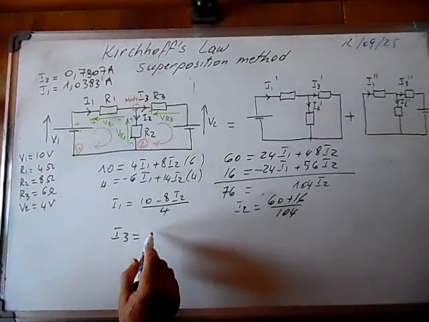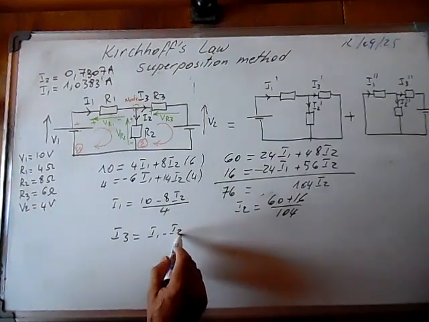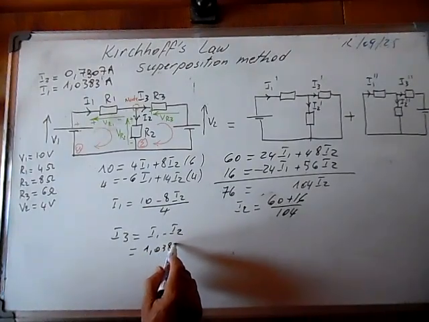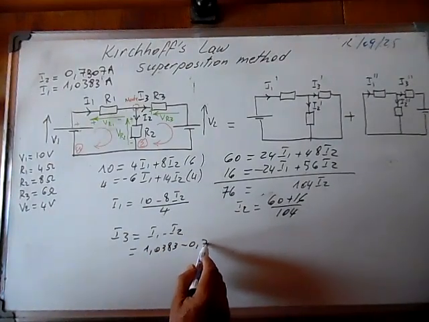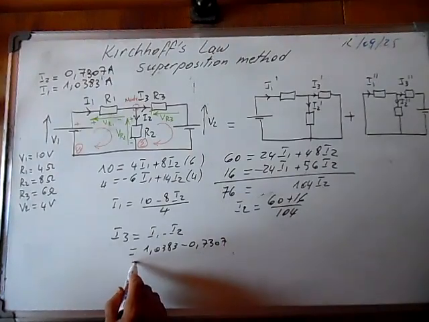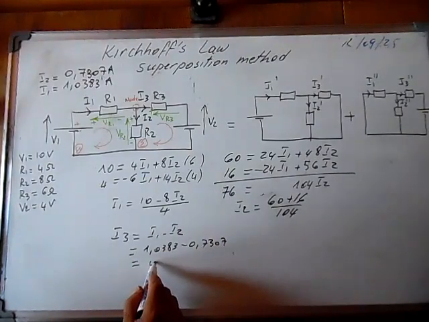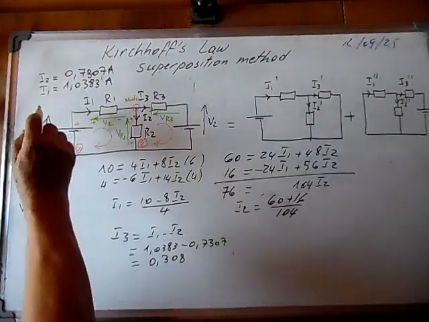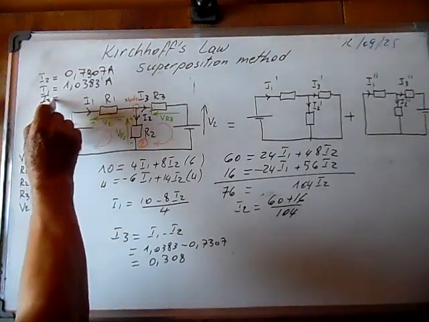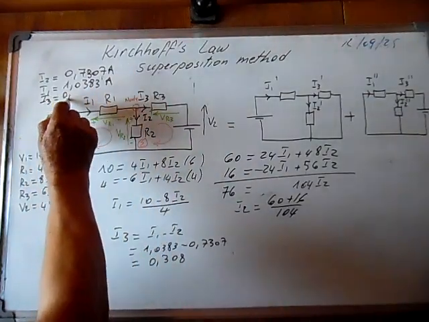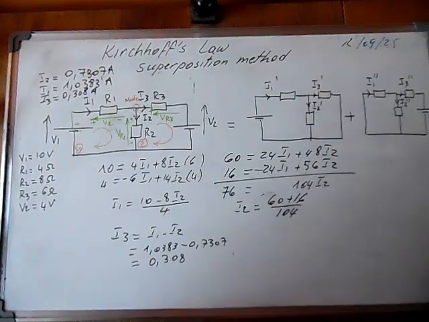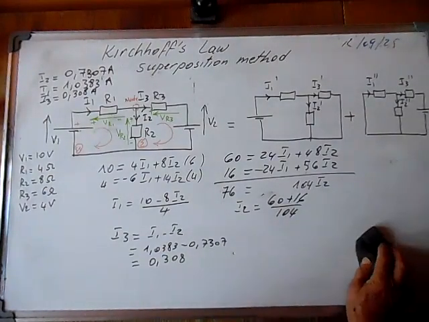I3 is equal to I1 minus I2, and is equal to 1.0383 minus 0.7307, and it's equal to 0.0308, about 0.308 amps. Okay, now we can go to the next circuit.